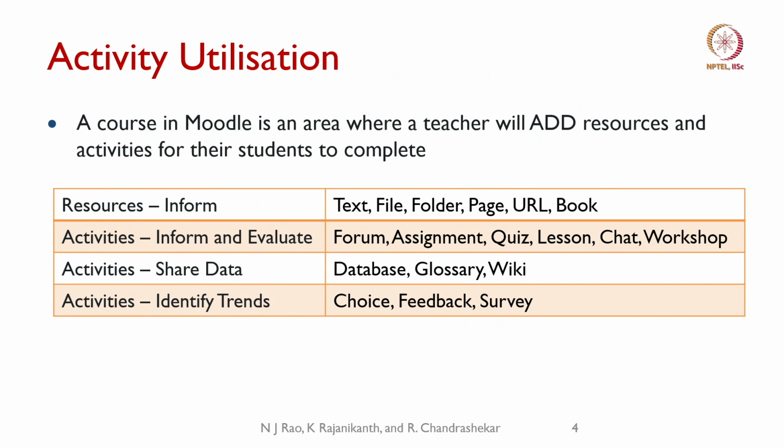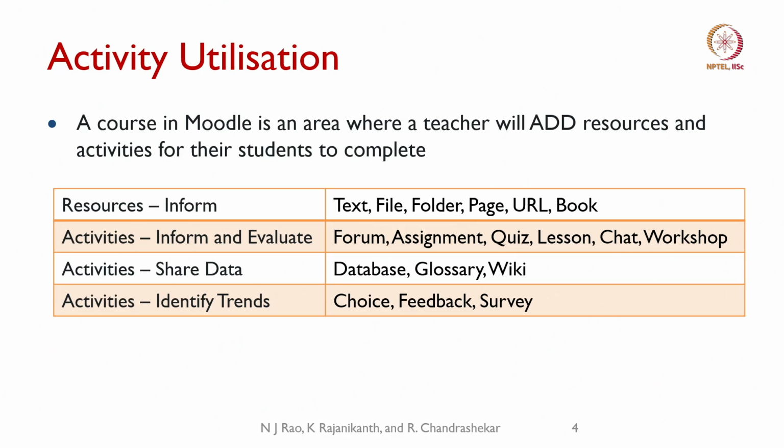In a Moodle course, we have two types of content to be added. One is static content, we call it resource, and another one is interactive content, we call it activity. Both resource and activity are added to the Moodle course in a similar manner.